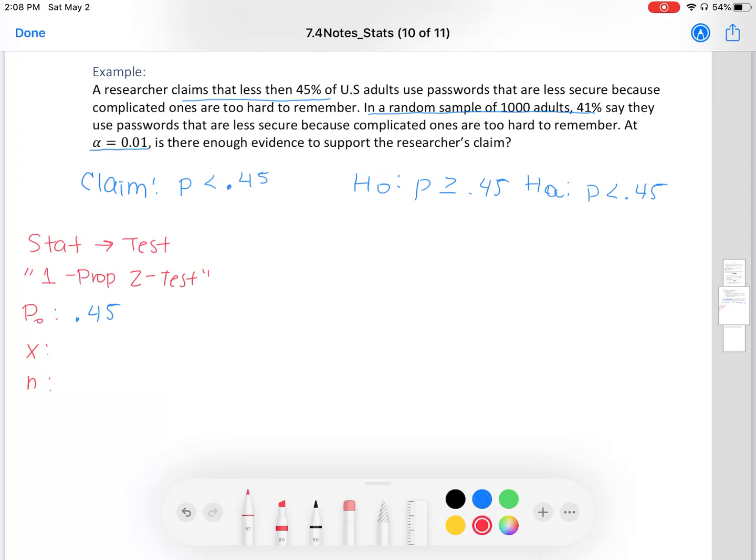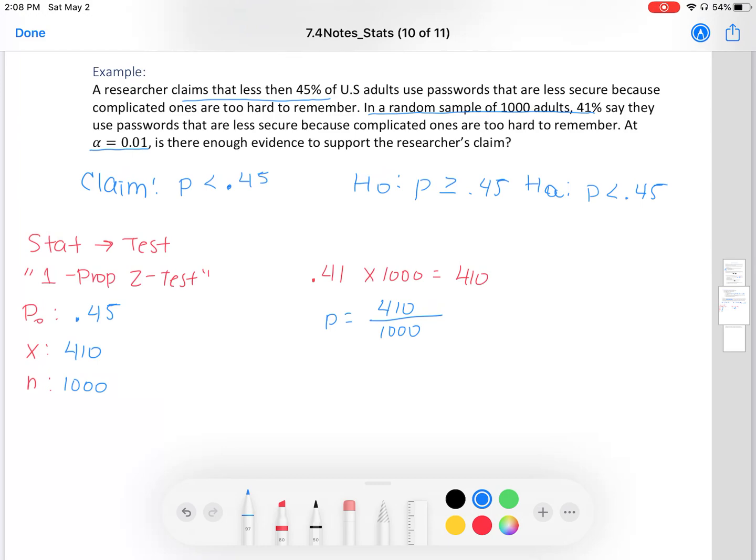So we have to multiply 41% times 1,000, and from there we get 410. So now we got the proportion with 410 over 1,000. So we have an X of 410, and our sample is 1,000.